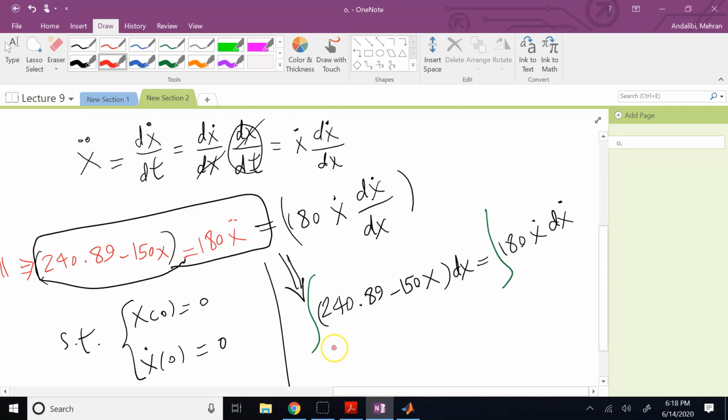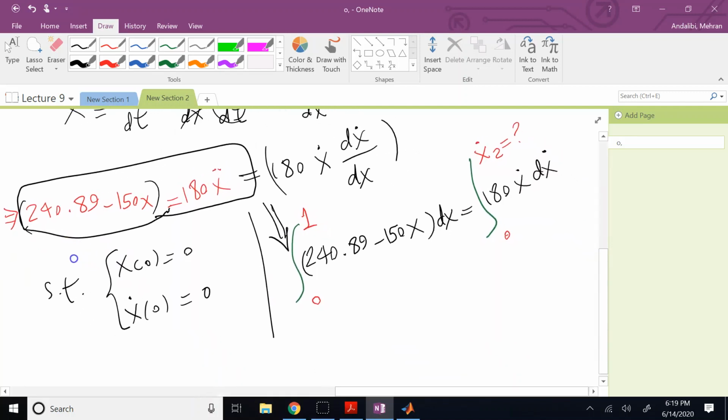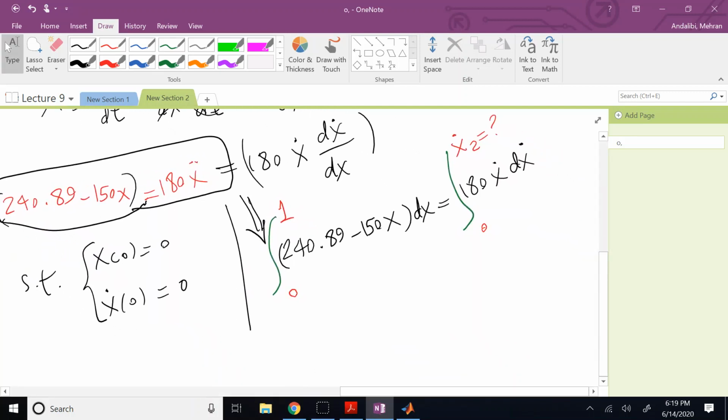So this is from original x of 0 to final x of 1. This is from original x dot of 0 to final x dot at 1, or v at 1, which I have to find out. And all you need to do is to solve this one here. What is this?